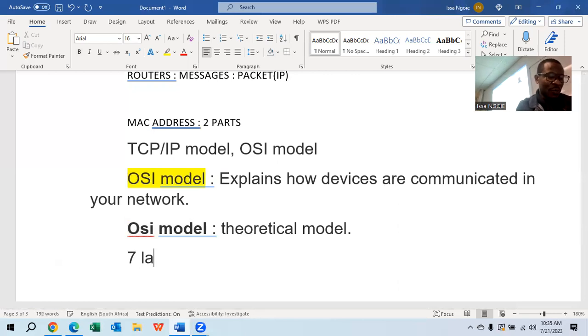We call those 7 steps layers, right? Now for you, you must know those 7 layers. You must know which layer falls under which number, because they will ask you, what is layer 7? What is layer 4? In which layer can this task be done? You understand that?